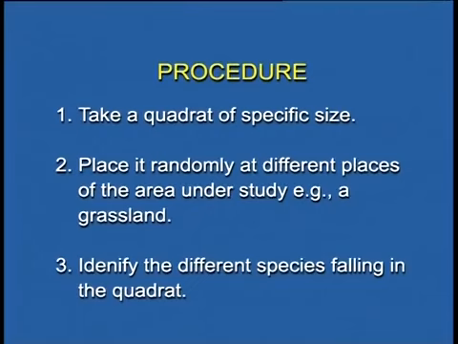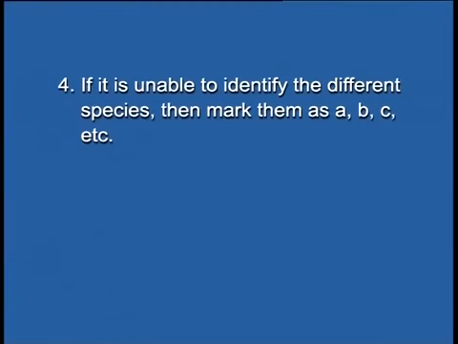Then identify the different species falling in the quadrant. Here we have to select the plant species which are falling inside the quadrant and identify those species. Next, if you are unable to identify the different species, then you can mark them as A, B, C, etc., because sometimes it is not possible to identify all the species recorded in the field area.